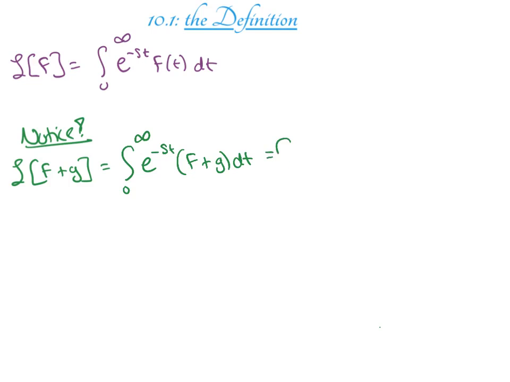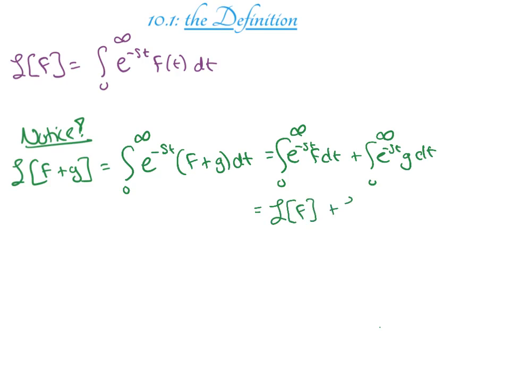But that would just be the integral 0 to infinity of e to the negative st f of t dt plus the integral from 0 to infinity e to the negative st times g of t dt, which is the Laplace of f plus the Laplace of g.